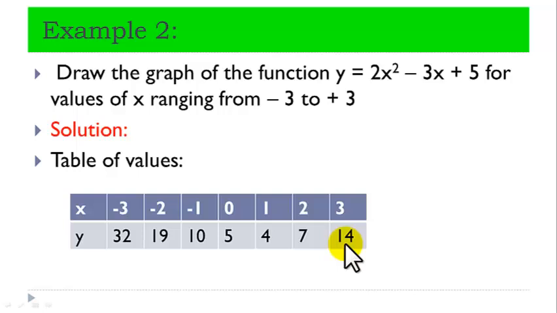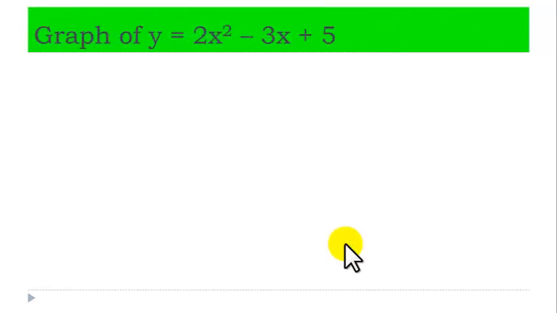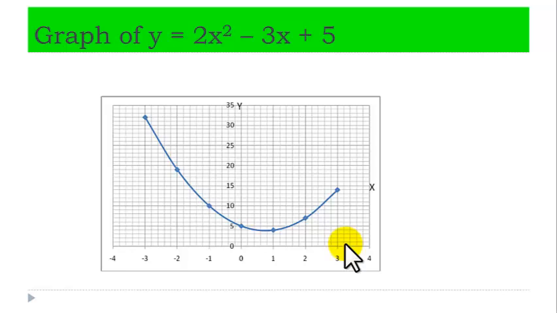Having constructed the table of values, we can then plot the graph of y equals 2x squared minus 3x plus 5, and this is the graph. So this graph is called a parabola.